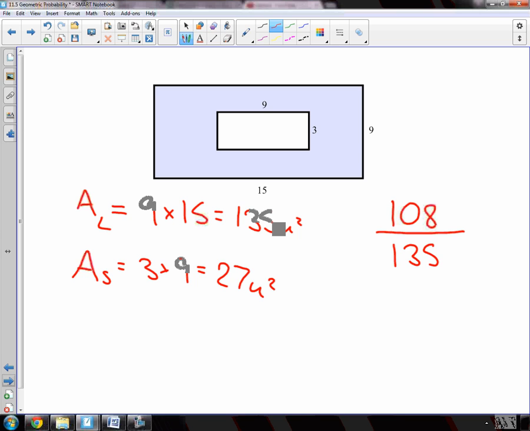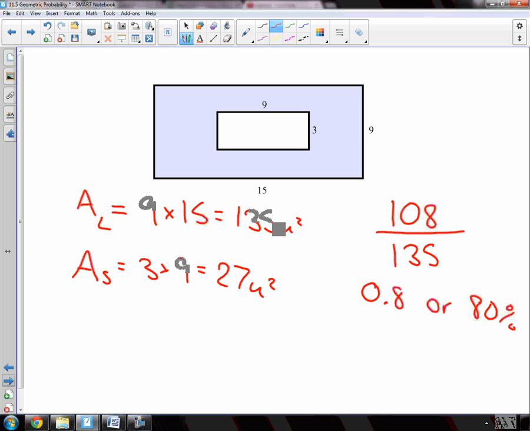So what is this in decimal form? 0.8. So your answer would be 0.8, or what is that in percent? 80%. So if this is your percent chance of not hitting her flowers, you have a pretty good shot of throwing that ball and not hitting anything. Now how angry would she still get? I don't know.